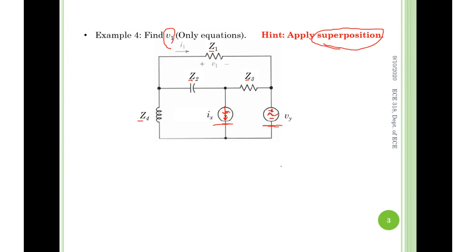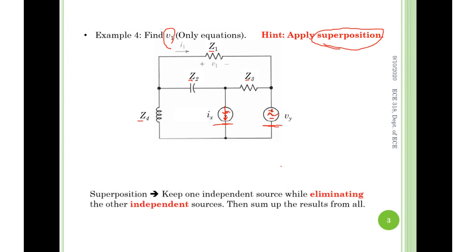So according to superposition, what do we do? Keep one independent source while eliminating the other independent sources. Here, there are two things you need to be very careful about. You're keeping one independent source, and then eliminating the other independent sources. Always independent.